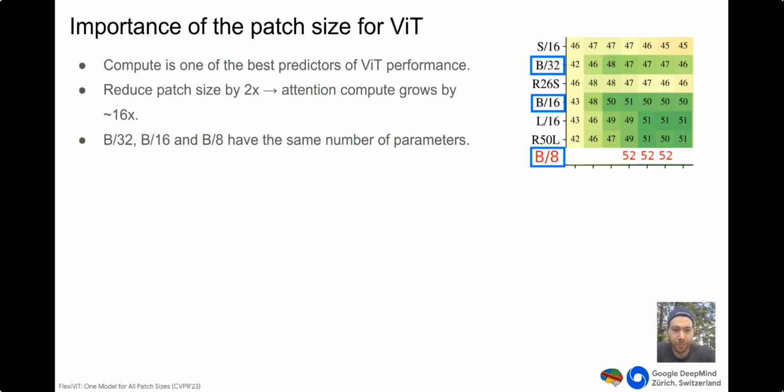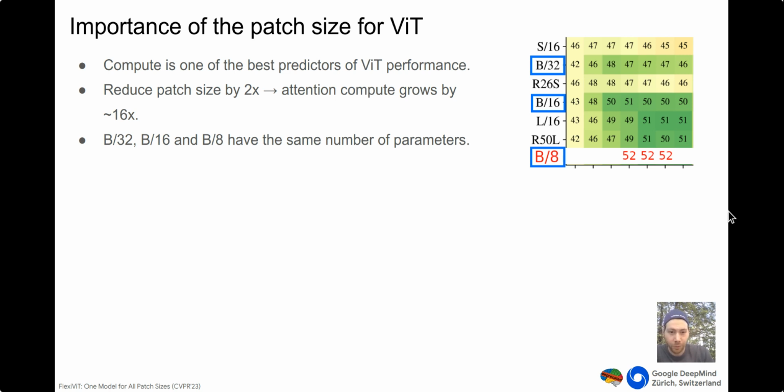However, one way which is especially interesting is mostly ignored and overlooked by the community, which is the patch size. Because if we, for example, shrink the patch size by 2, or 2 squared, then the attention compute grows by a factor of 16. So patch size is actually a lever with which we can change the compute significantly without changing anything else in the model.